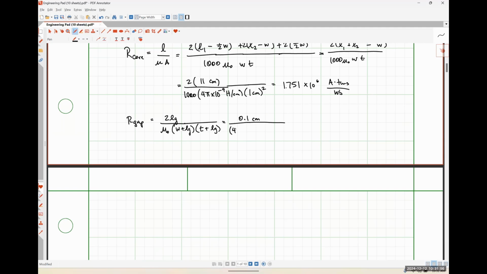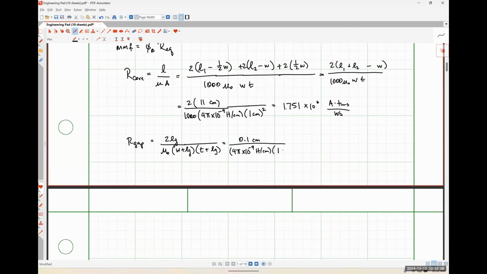Mu naught is just going to be 4 pi times 10 to the minus 9 henries per centimeter. Our width is now going to be 1.05 centimeters. So that's 1 centimeter plus 0.5 of a millimeter. And then our thickness is going to be the same thing, so I'm just going to square this. Are we all okay with where those numbers came from? All right.